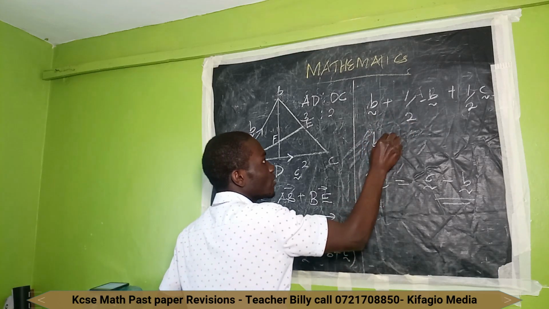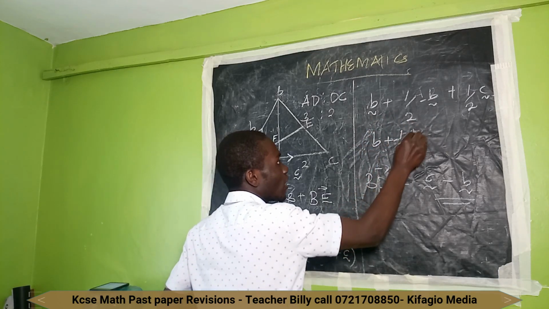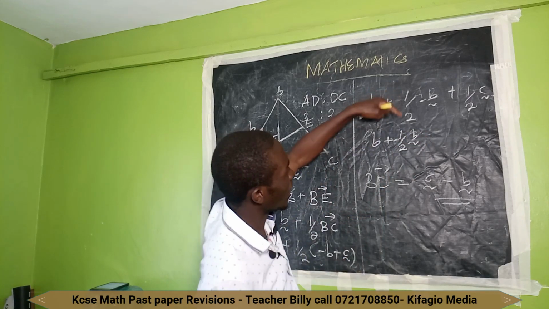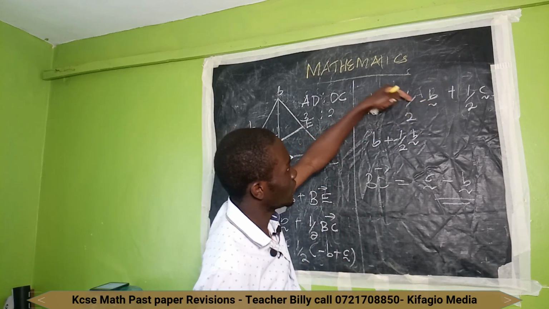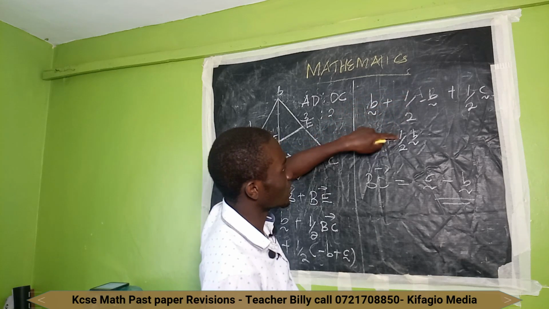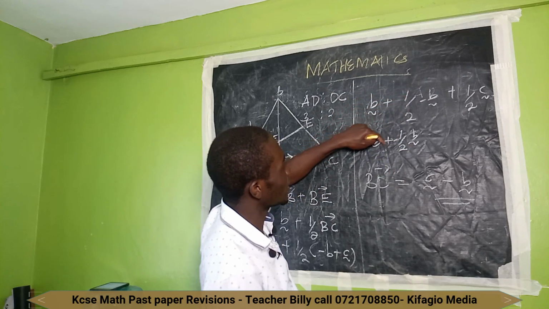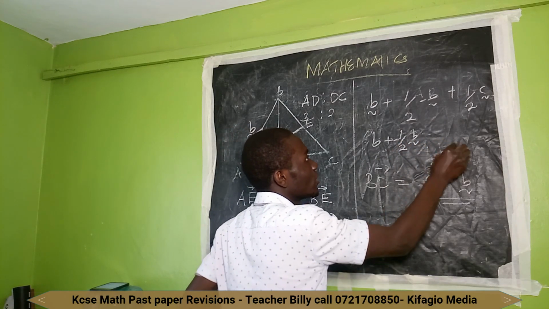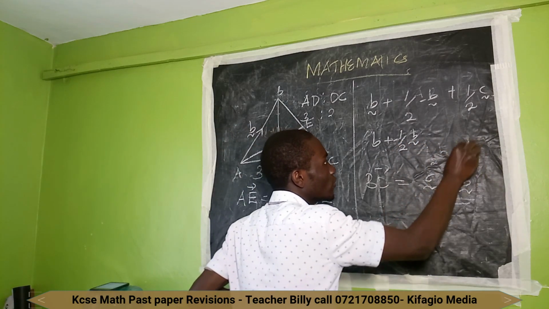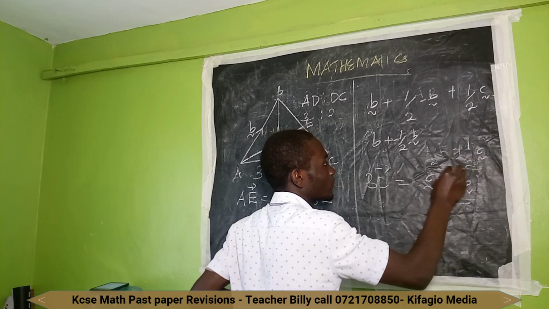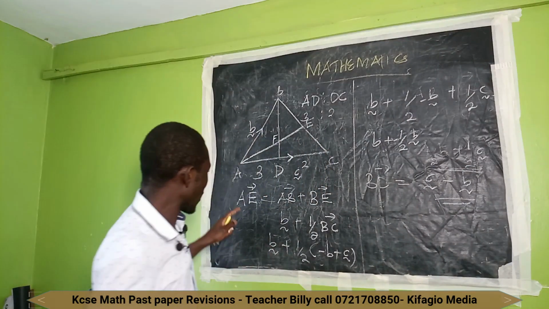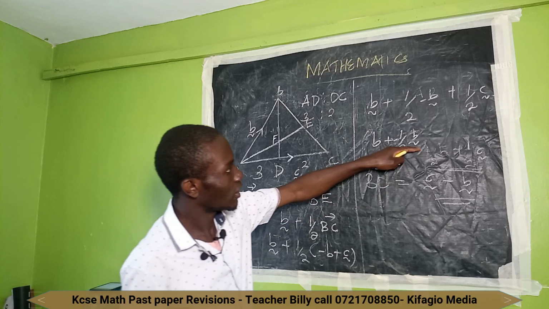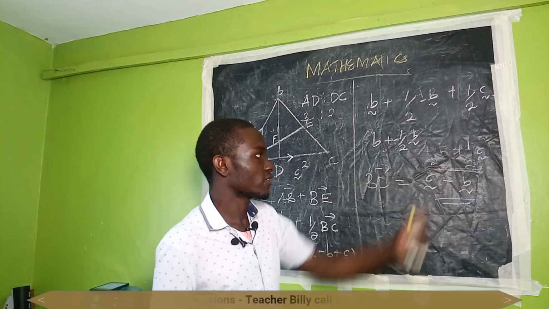We have B plus minus a half B, because a half multiplied by minus B is minus half B. So B plus minus half B is what? Half of B plus half of C. So already we now know our AE is equal to half B plus half C.